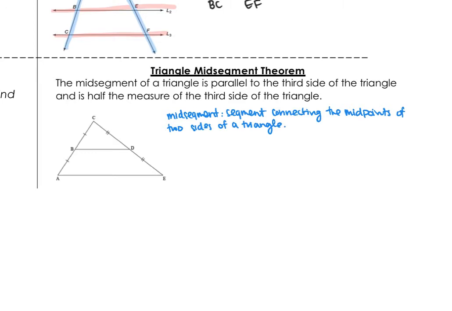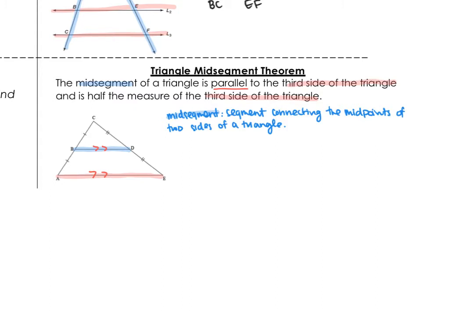Okay, so this is saying the midsegment of a triangle, which in this case is BD, is parallel to the third side of the triangle, so parallel to AE, and is half the measure of the third side of the triangle.